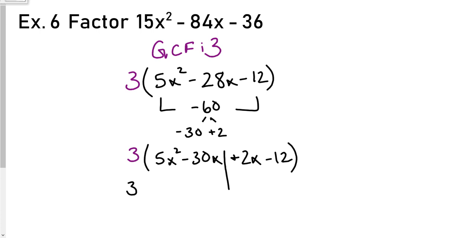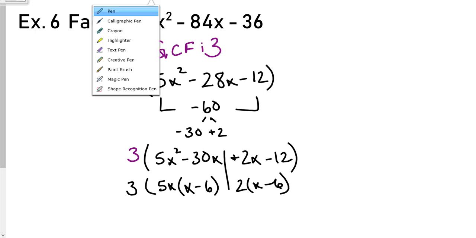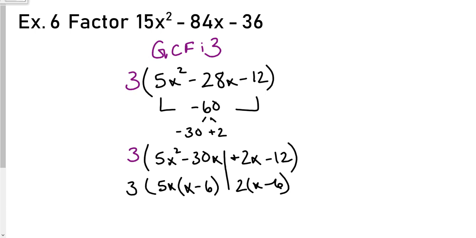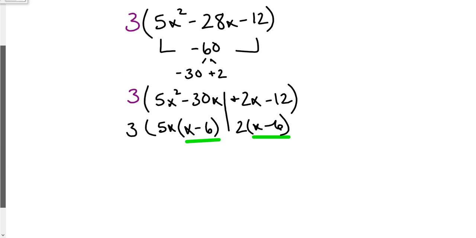Okay, so this will then factor into a GCF of, we'll call it 5x. And what's left is just x minus 6. Over here, we can take out a 2 as the GCF between 2x and negative 12. So we're going to have an x and a minus 6, which is good news for us because that means I have a common factor. Okay, so I've got an x minus 6 and an x minus 6, so I can factor that out.